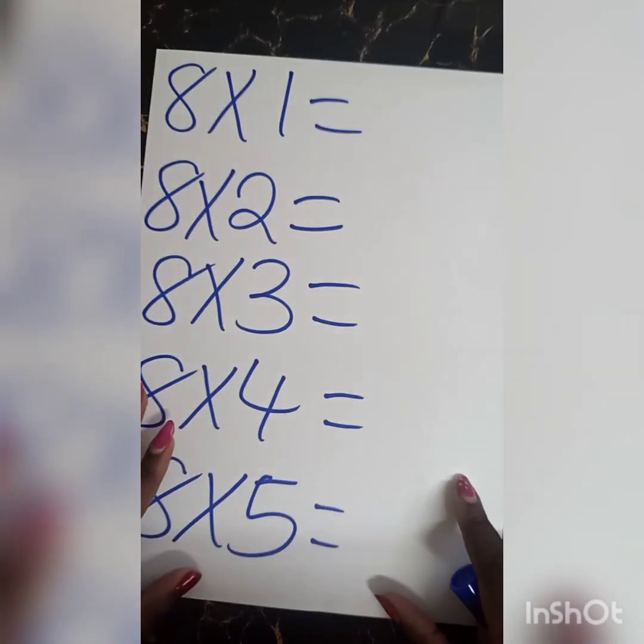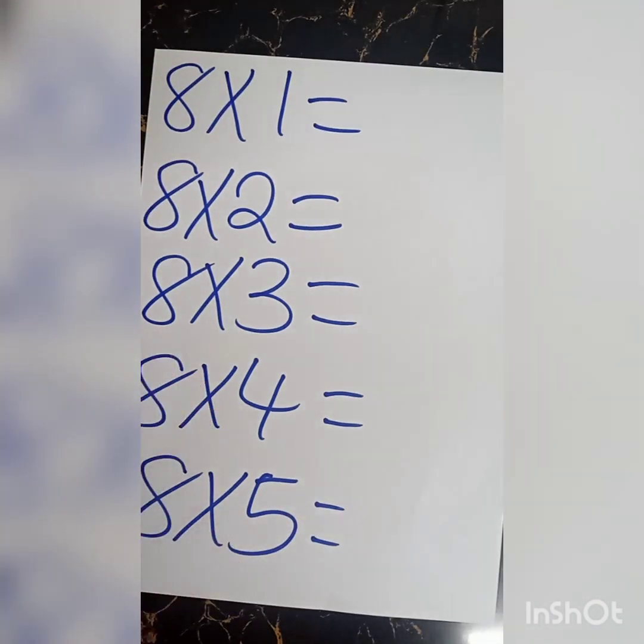So in the second method, you don't need to draw any table. Okay? You'll first start by writing out the table like this.